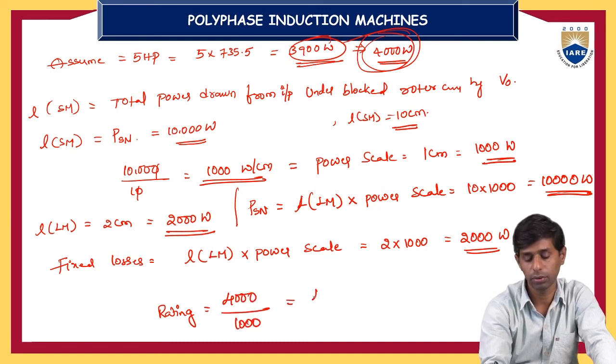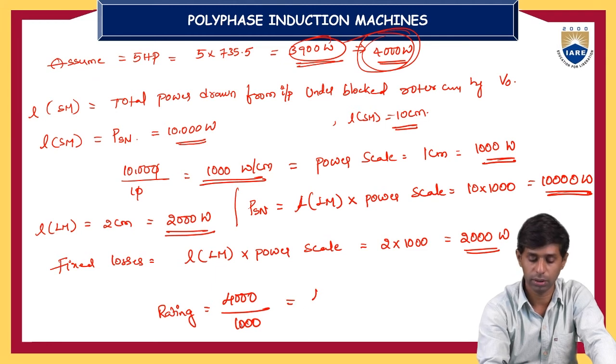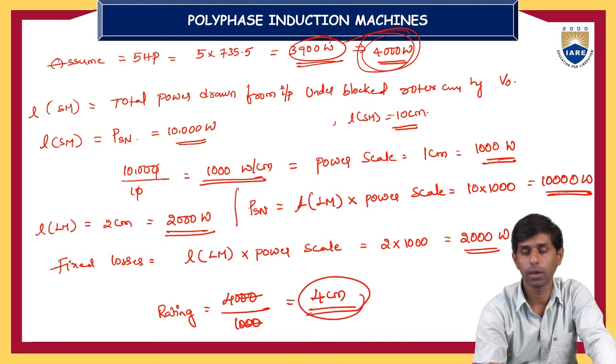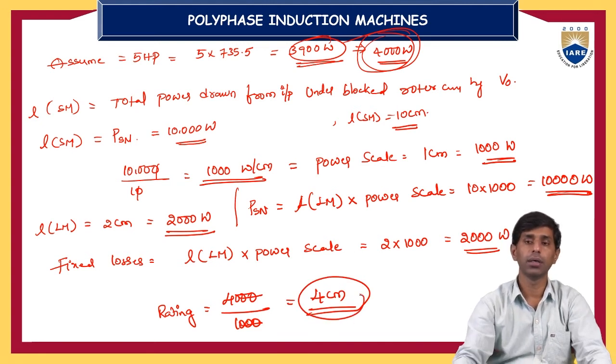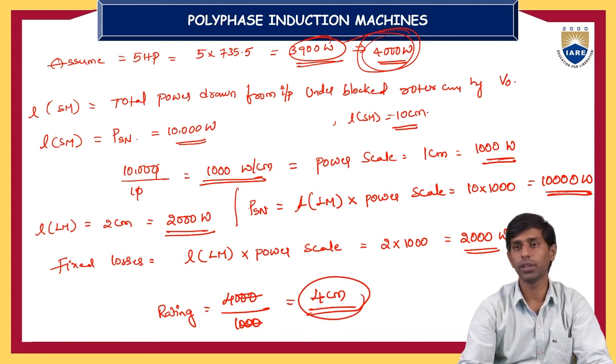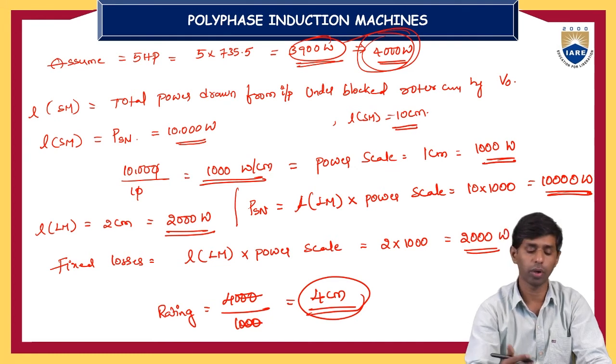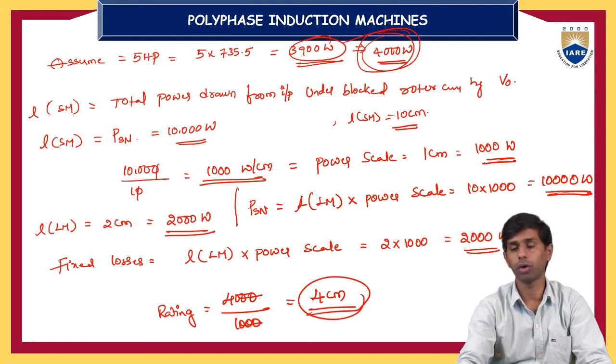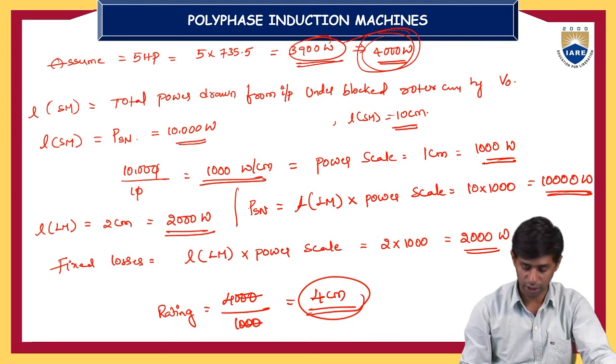How much is it? 4 centimeters. 4 centimeters is the rating of the machine in terms of length. The rated output power of the motor, 4000 watts, in terms of the power scale is a 4 centimeter line.